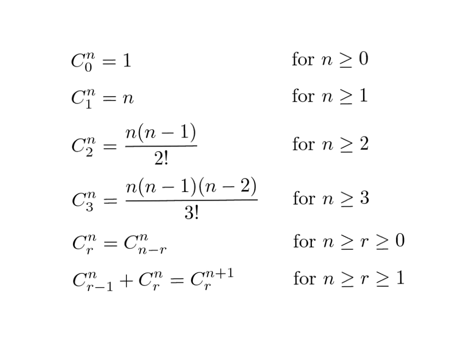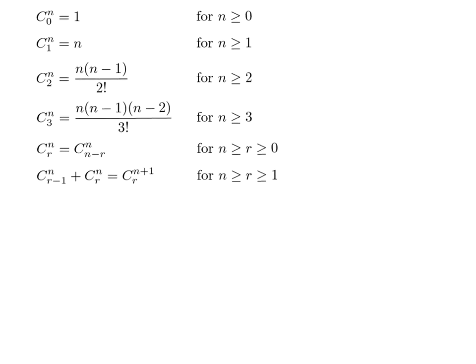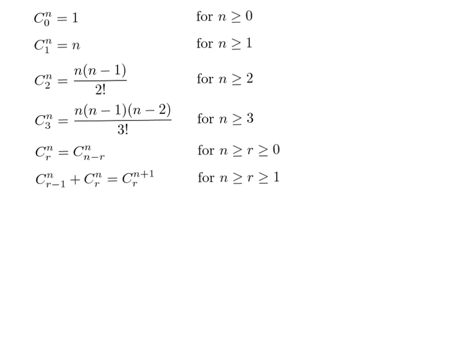We have some properties of nCr. First, nC0. It is the factorial of n divided by the factorial of 0 and the factorial of n.